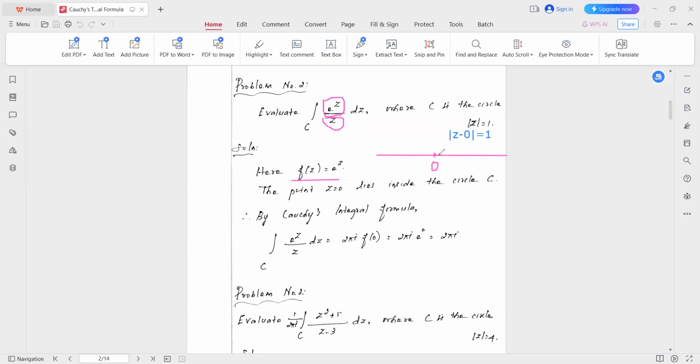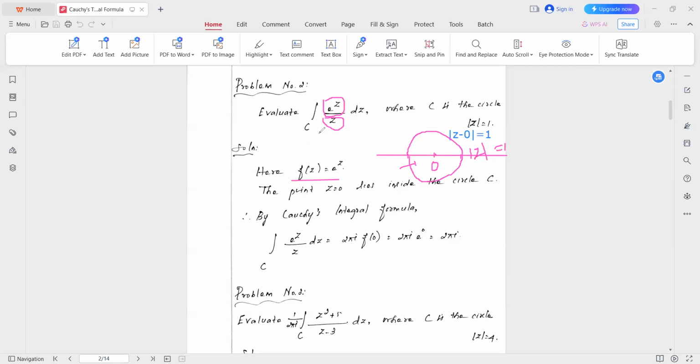So the circle with center 0, radius 1. Here 1, here minus 1. So this is our circle, with all points inside and on the boundary. This is our circle, modulus of z is equal to 1.